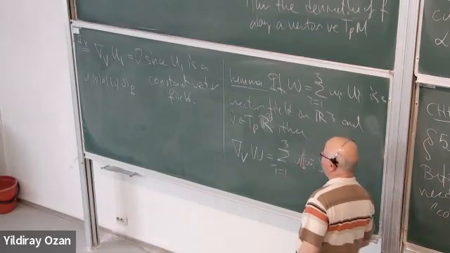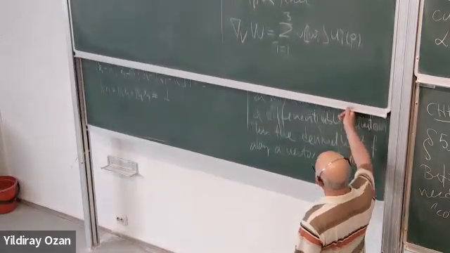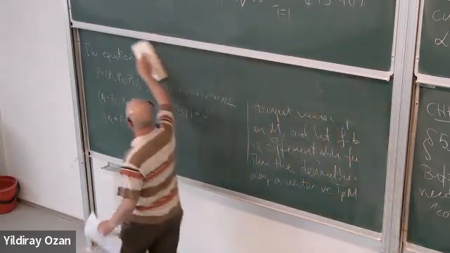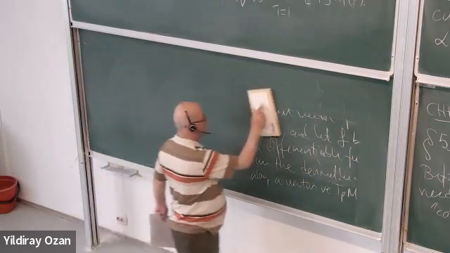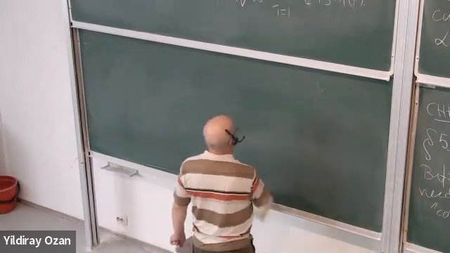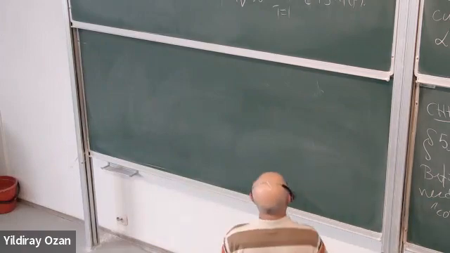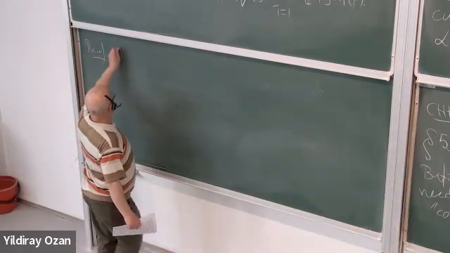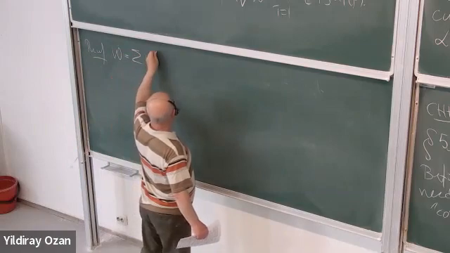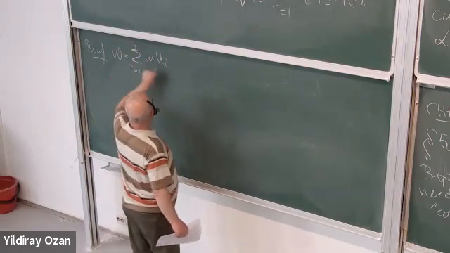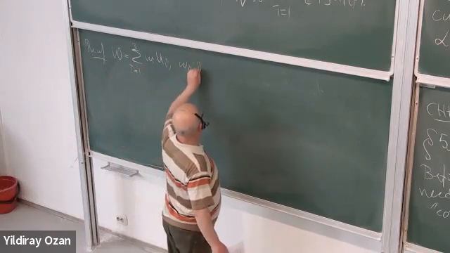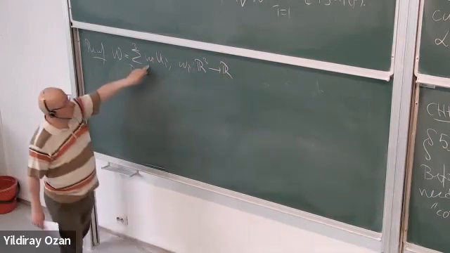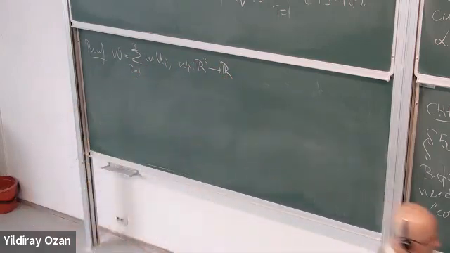Now let's see the proof of this. Here, of course, the Wi are just functions, real valued functions. These are the coefficient functions, like this one.